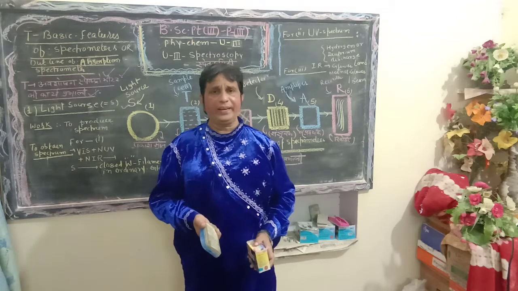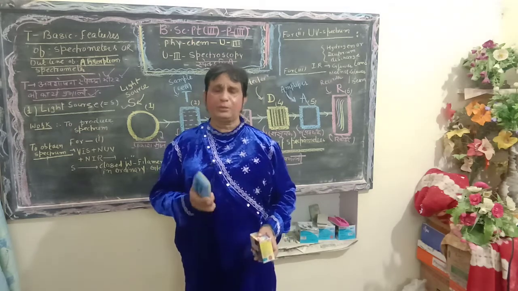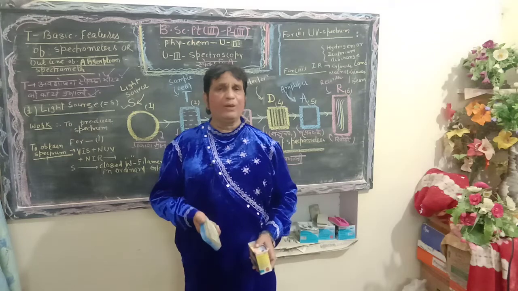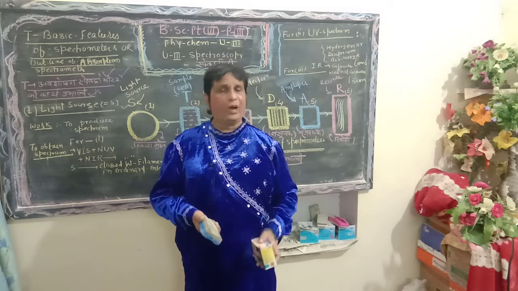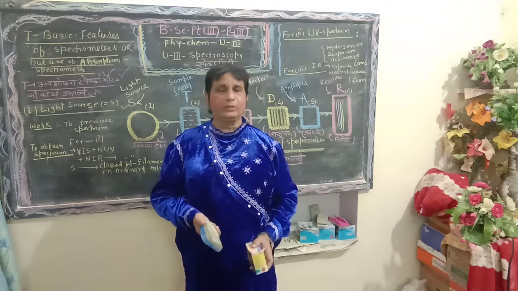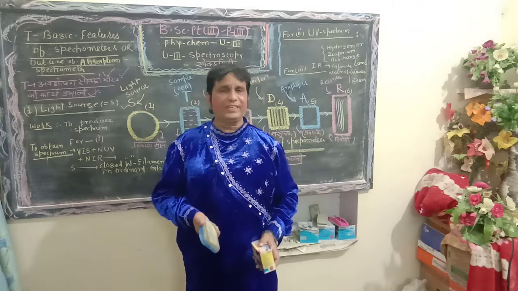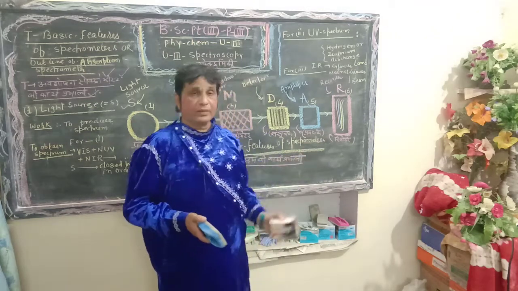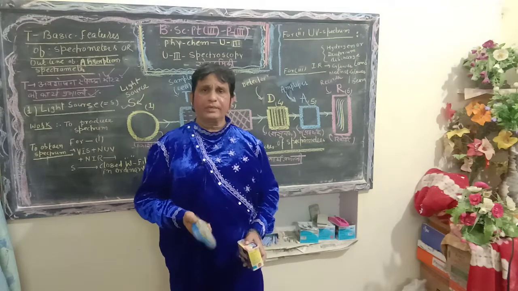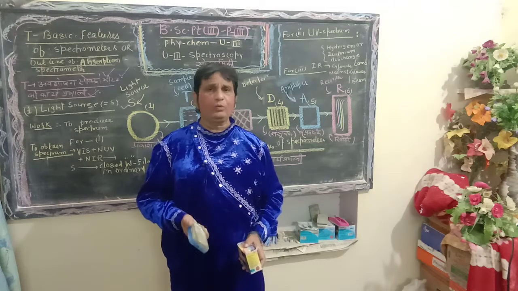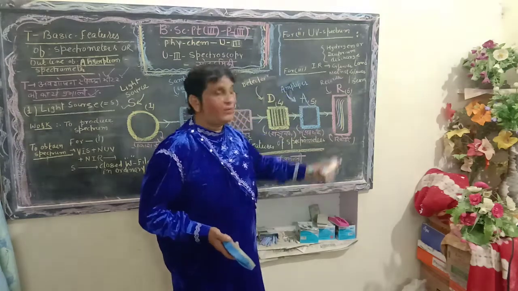To define the spectrum: when a beam of sunlight is allowed to pass through a diffraction grating or prism, the transmitted light is allowed to fall on a photographic plate.